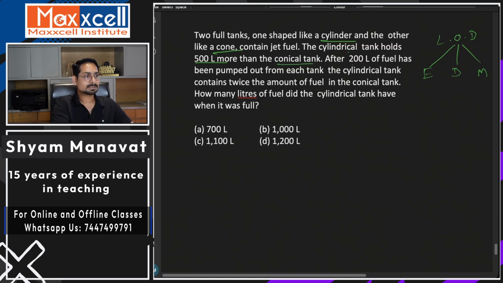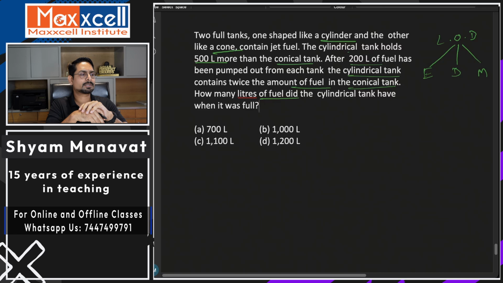After 200 liters of fuel has been pumped out from each tank, the cylindrical tank contains twice the amount of fuel compared to the conical tank. So an equal volume is taken out from both of them. Then they are comparing the volume again. How many liters? Again, we need to talk about the volume.